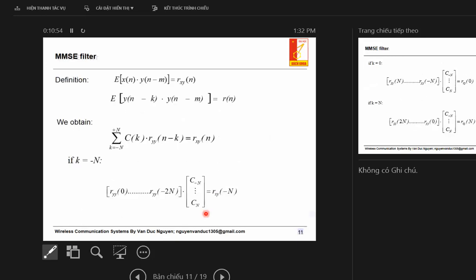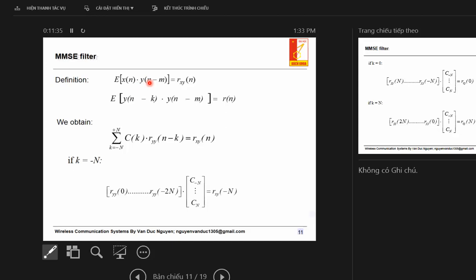Now you need to check this relation or this definition. Very important. Now you have the expectation of the input signal and the transmitted signal. So that's the cross correlation function. This R_yn is the cross correlation function of the transmitted signal with the receiver signal.